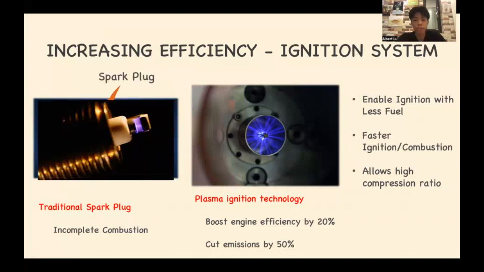When we look at the plasma ignition technology, we can see that the plasma will ignite the air-fuel mixture from multiple spots, so that it can enable ignition with less fuel and also faster ignition and combustion, and also allows a high compression ratio at the same time. Therefore, plasma ignition technology boosts engine efficiency by 20% and cuts emissions by 50%.